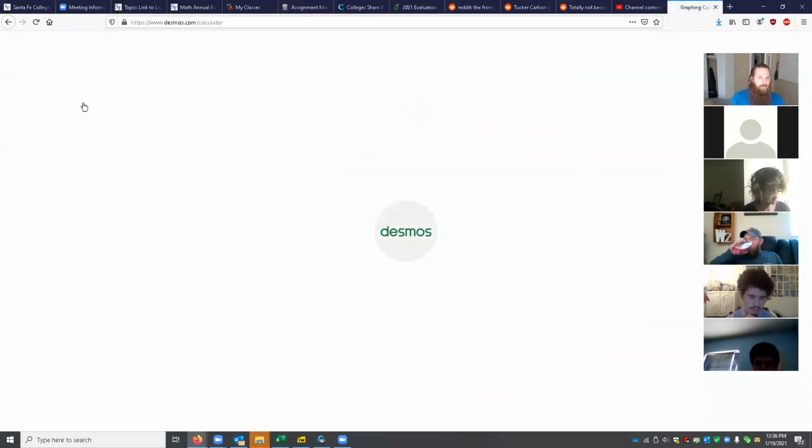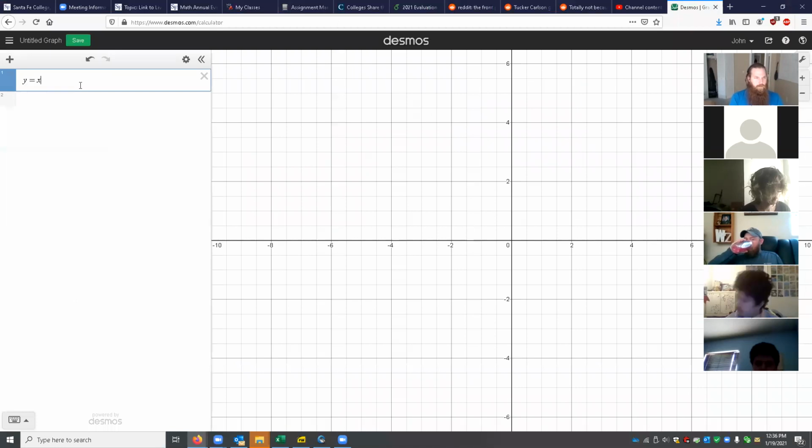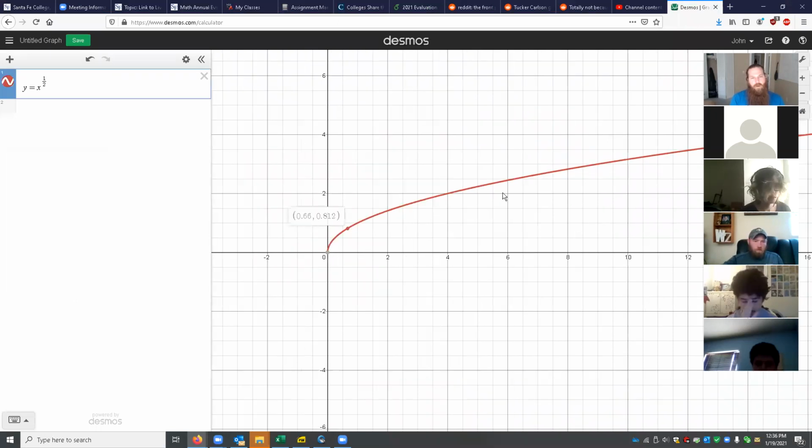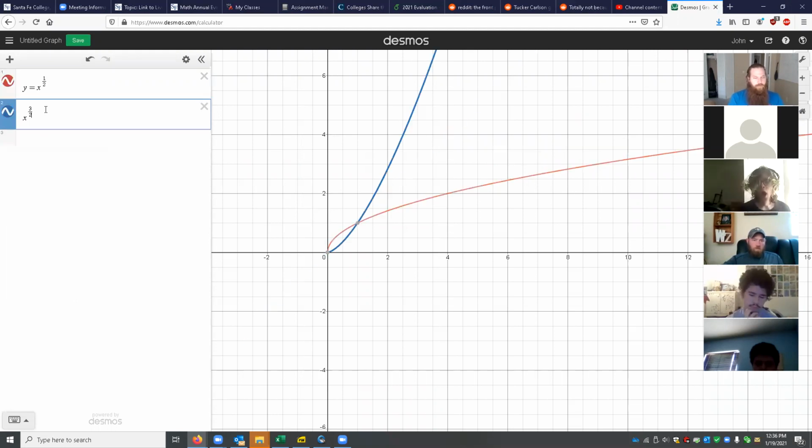If you don't have these graph shapes memorized, x to the 1/2, that's the square root function, right? And it has this kind of convex shape, it's puffy. X to the 3 halves, the power is bigger than 1, so it'll have this kind of concave shape, like x squared or x cubed.